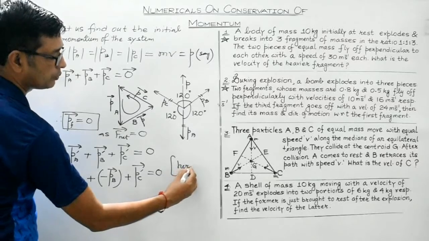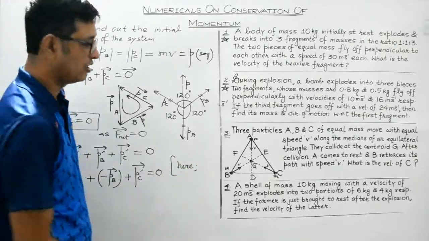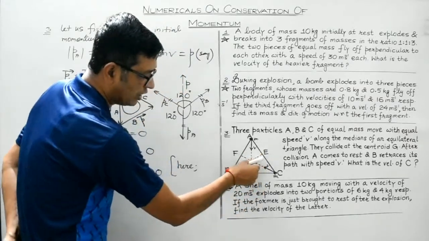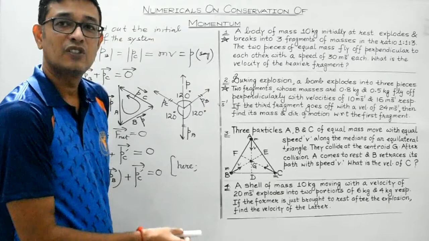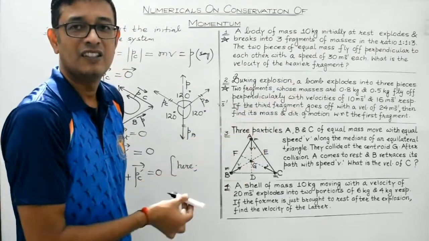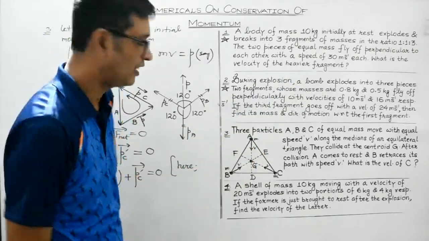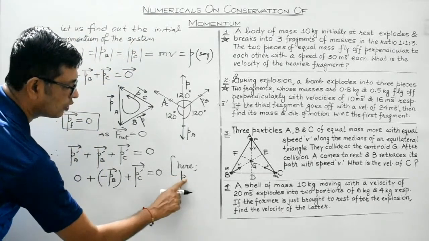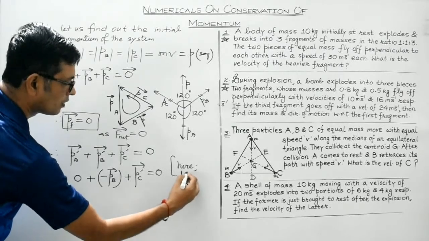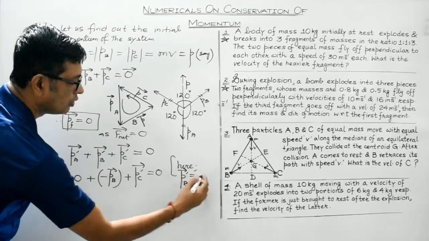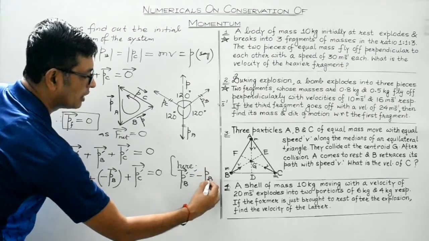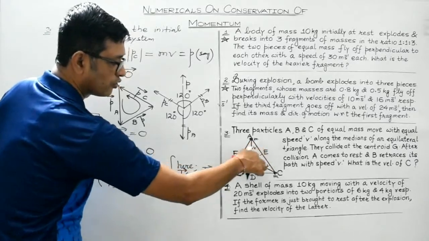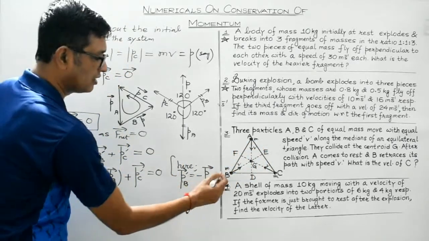Here, as per the question, it's given that after collision at the centroid, body B is initially moving along this direction, but after collision it will reverse or retrace its path without change in its speed. So final momentum of body B is equal to negative of initial momentum of body B. Negative sign represents that the direction of motion of the body gets changed without any change in its magnitude.